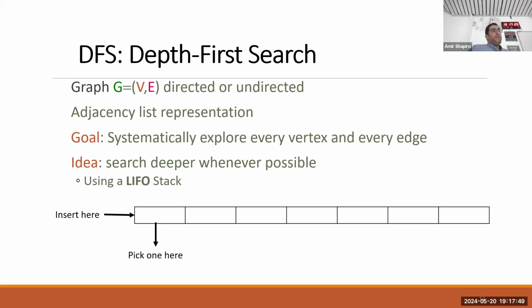We use a stack here, where we insert new vertices from this side. And when we need to pick a vertex, we take also from this side. So it's like a magazine, a stack, where we put on the top and we also remove one from the top.